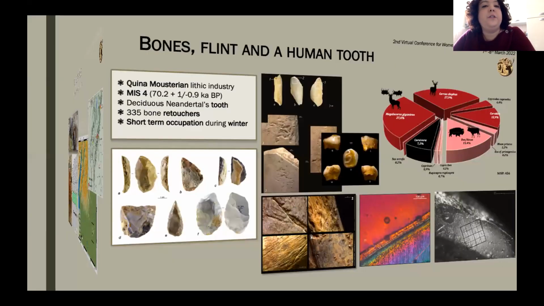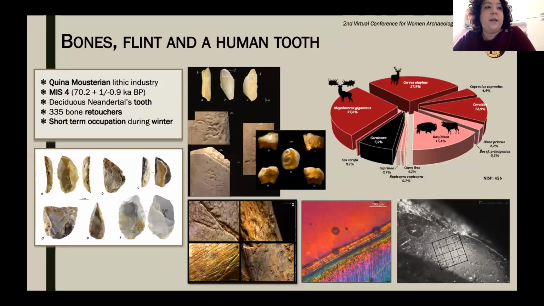During the excavation, we unearthed around 30,000 bone fragments, a Neanderthal deciduous tooth, and some lithic implements recognized as a Kinami-Syrian technology. Moreover, I studied the seasonality and the extent of the site occupation.